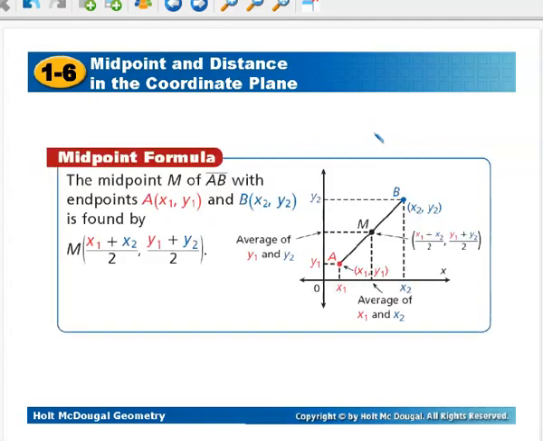And here we go. This is the midpoint formula. So if I'm looking at the midpoint of the x coordinate, x m, I'm taking the endpoint x1, adding it to x2, and dividing it by 2. x1 right here, x2, and to find the midpoint, x1 plus x2 divided by 2.